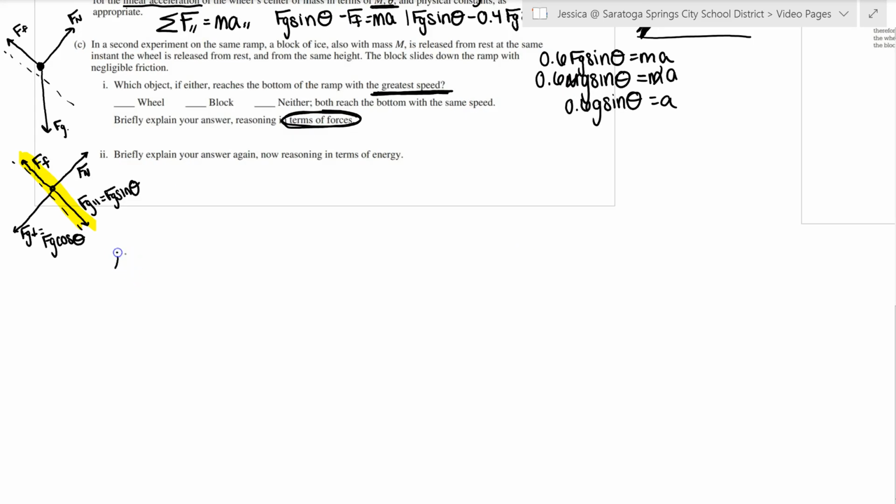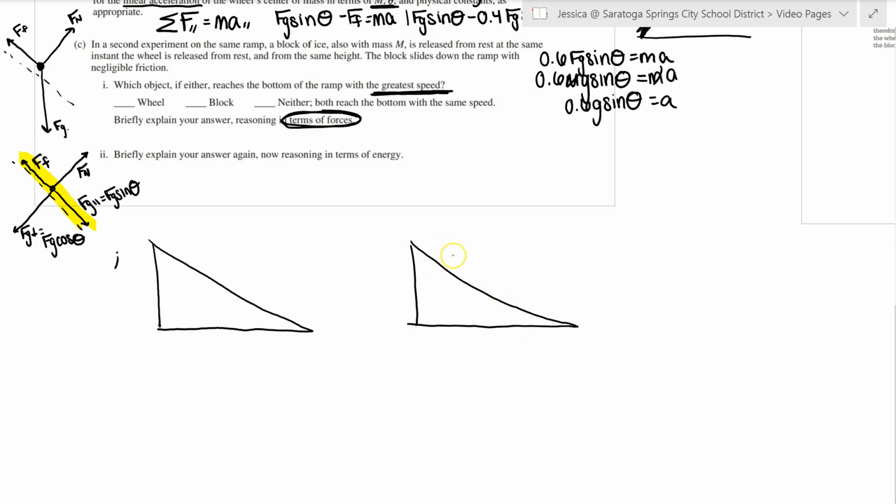So I'm going to think right away about the forces acting on the block of ice as compared to the forces acting on the wheel. And I'm going to draw a simplified free body diagram since it's not asking about anything rotating quite yet.